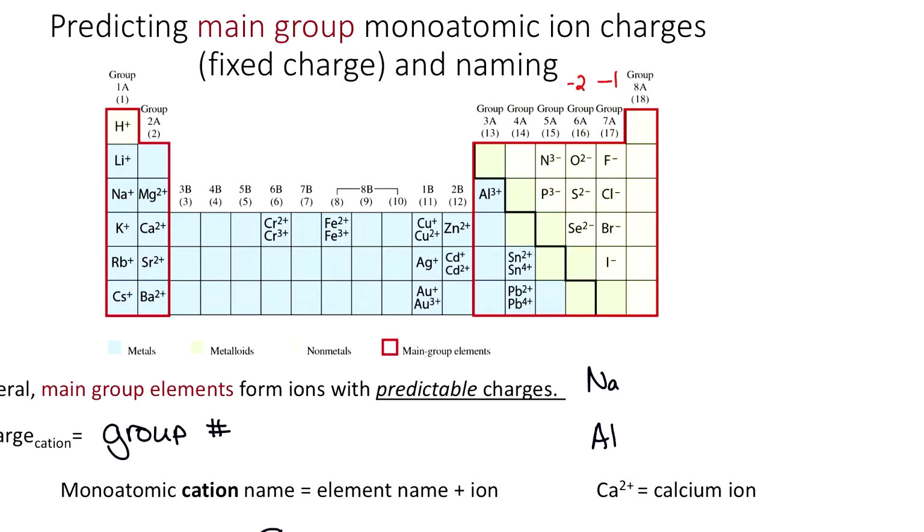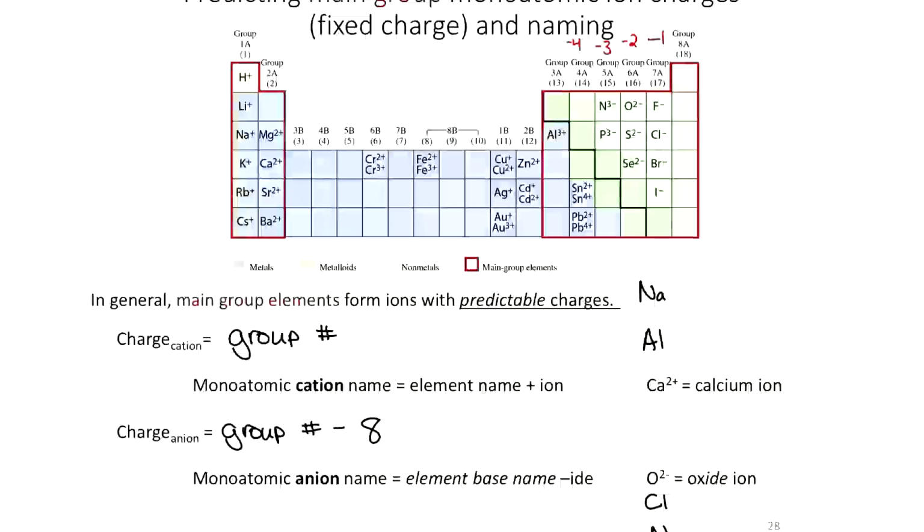Group 5A always adopt -3 charges. If we had a group 4A anion, what charge do you think it would adopt? -4, yes, if we go along with that trend. And so those numbers come from this idea: it's group number minus 8. So fluoride, chloride, bromide, iodide always have a -1 charge as an ion. Oxide, sulfide always have -2, and so on.